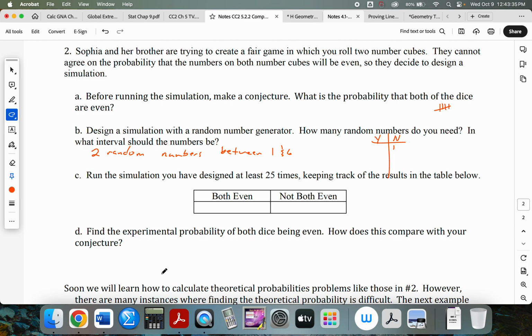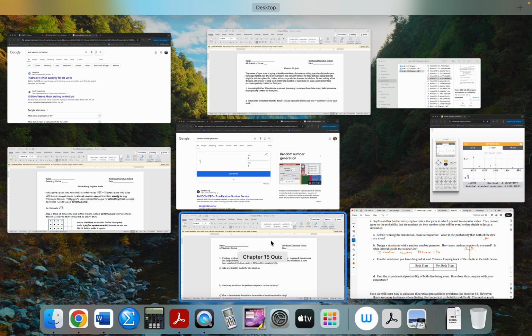Remember, we have to generate it twice, so you do 2 numbers. If they're both even, it goes in the both even column. If they're not both even, it's a no. But you always have to do 2 numbers. Don't do 1 number and say, oh, that's not even, I don't need to keep going. Always do 2.